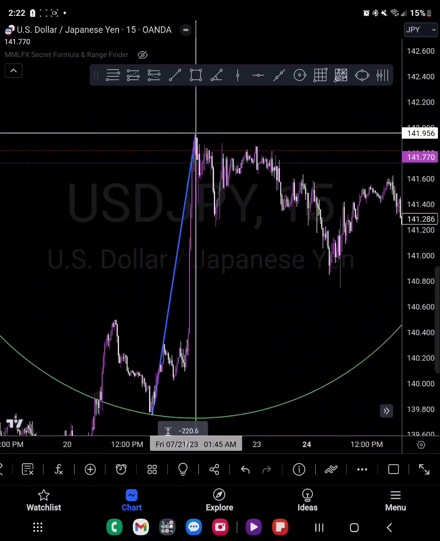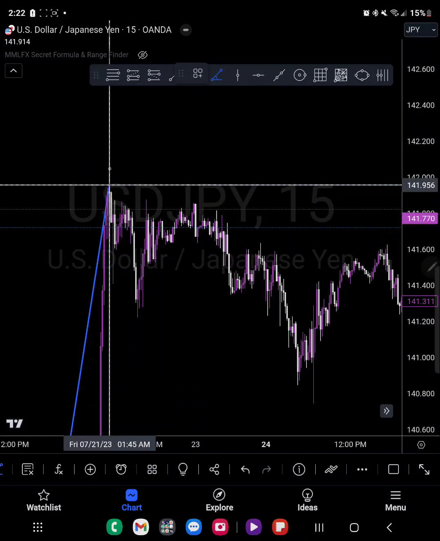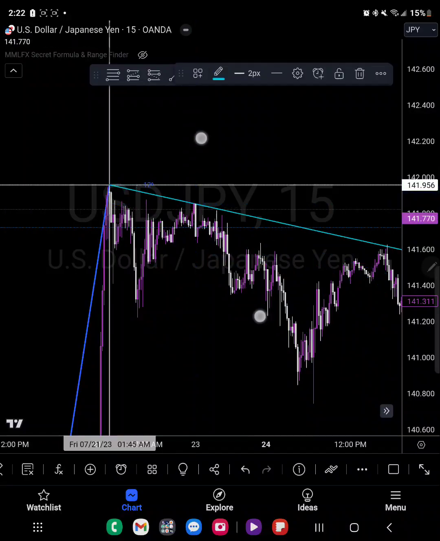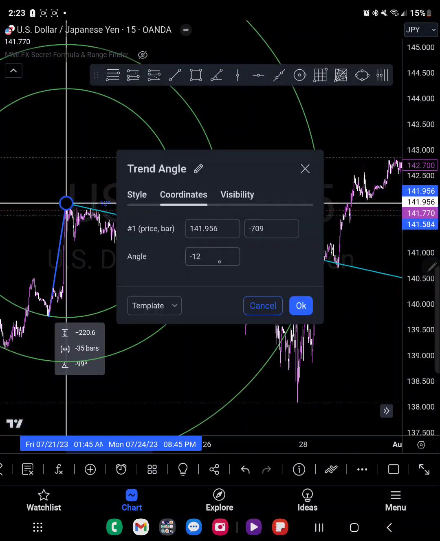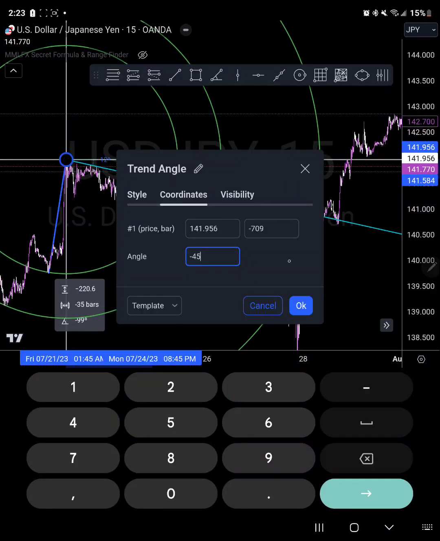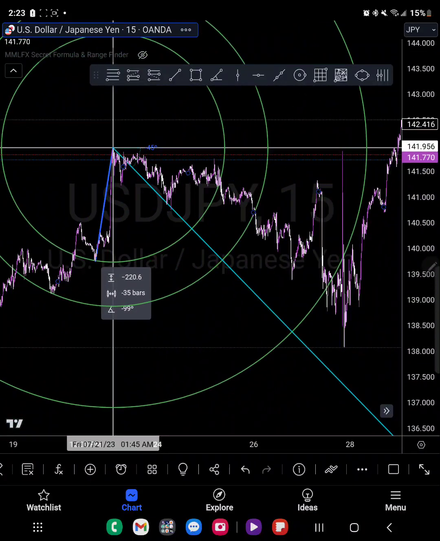From this origin point, I'm going to draw a 45-degree angle. Why a 45-degree angle? Like I said, there's some things I'm just not going to explain. You're more than welcome to play around with this using any other angles you like, but I'm just giving you some things that work right off the bat.